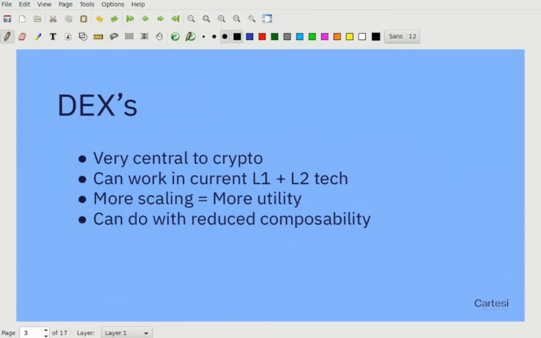First of all, not only the DEXs, but exchanges in general are very central to crypto, for two reasons. First, because it's something people want to do. It was in the original vision of Ethereum, for example, to have the ability to code options and complex financial instruments on smart contracts.